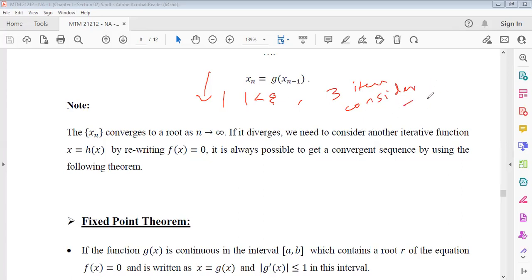Otherwise, you may get something exactly equal. Let's say in my 5th iteration I'm getting x equal to 0.5321 something, let's say x5. My x6 is also something like that, 0.5321 again. Then I can stop, isn't it? I don't need to go on, because whichever way I proceed, I will get the same answer again. So no need to, I can stop there.